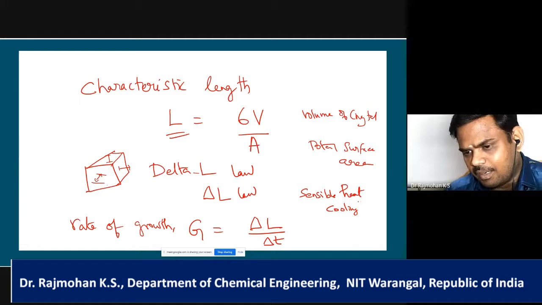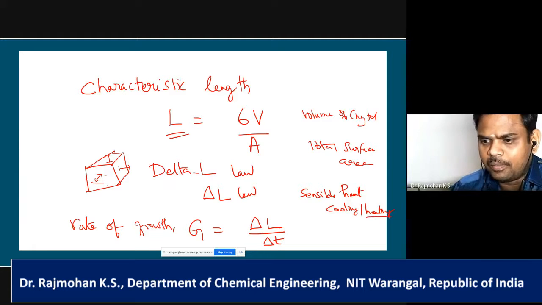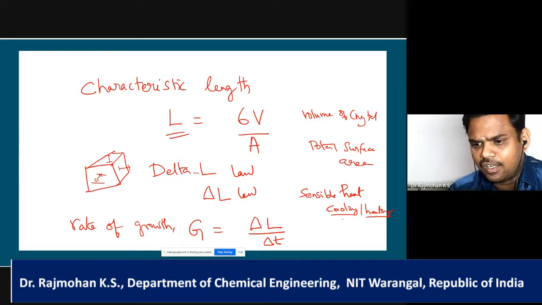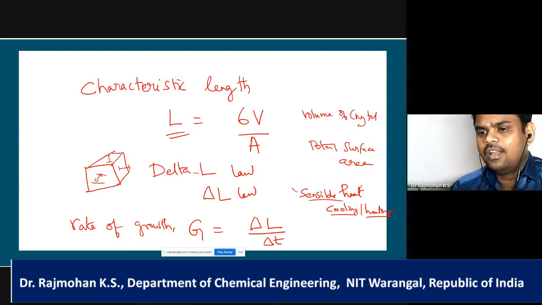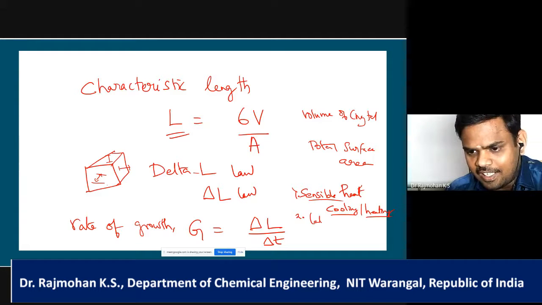Cooling can be done or heating can be done. Sensible heat is heat that can be sensed by changing the temperature. So we have to consider the sensible heats, and we have to consider the latent heat.